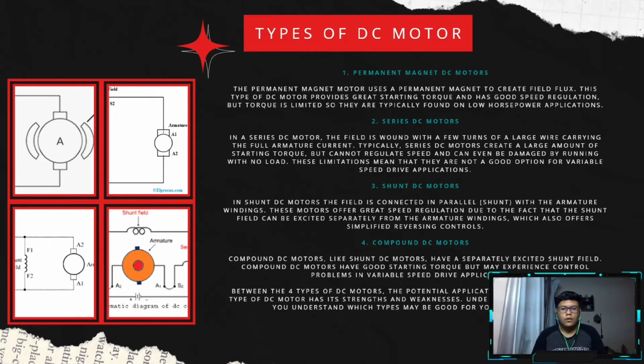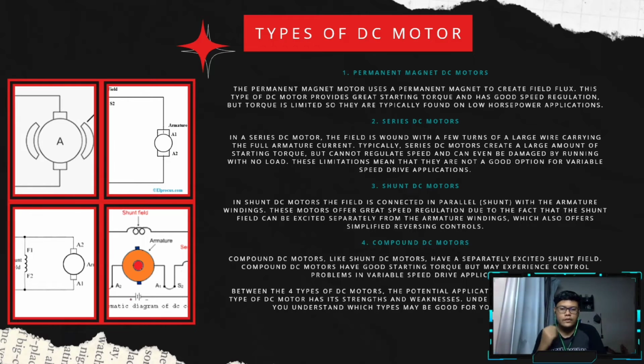And fourth, compound DC motors. Compound DC motors, like shunt DC motors, have a separately excited shunt field. Compound DC motors have good starting torque, but may experience control problems in variable speed drive applications.